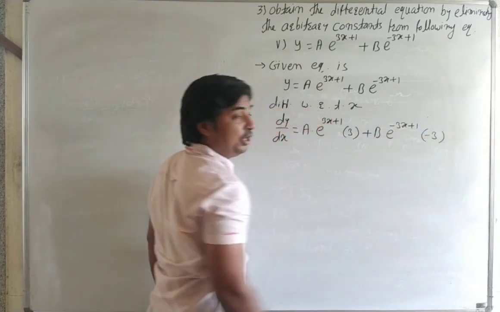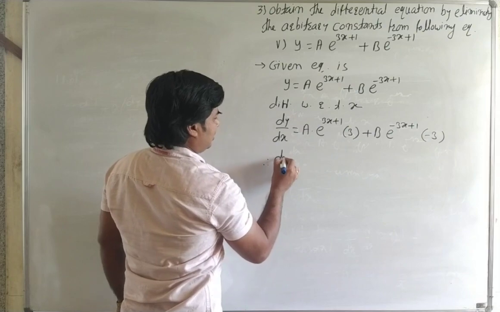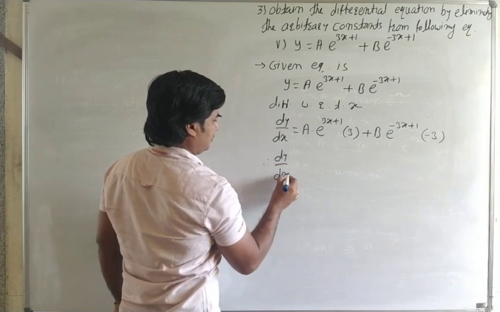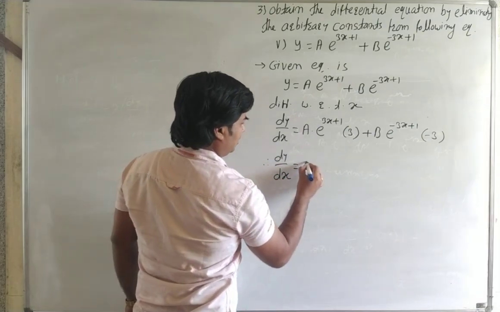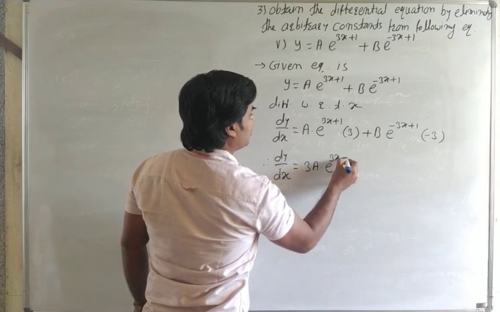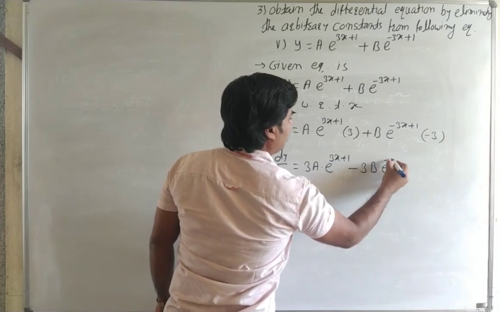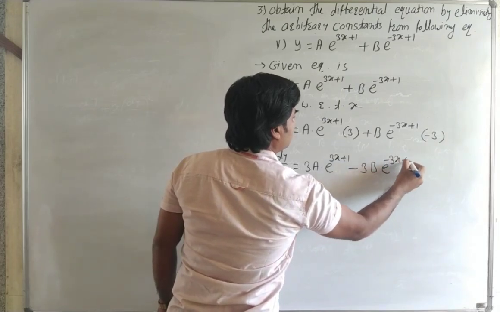Minus 3 is the derivative of the exponent, and then dy by dx is equal to 3a into e to the power 3x plus 1 minus 3b e to the power minus 3x plus 1.